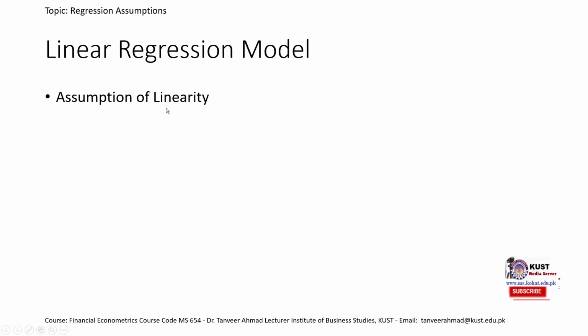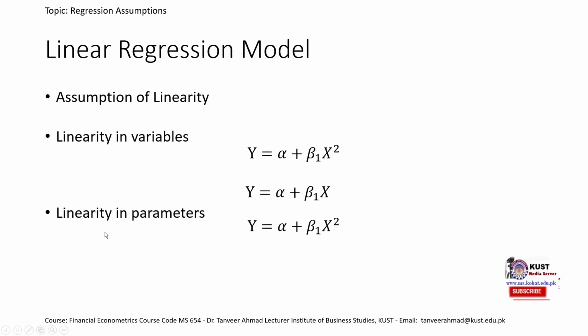But before moving on, linearity can be further divided into two subparts: linearity in variables and linearity in parameters. We know that x is a variable and beta 1 and alpha are the parameters of this model. Linearity in variables means that the variable would be linear.